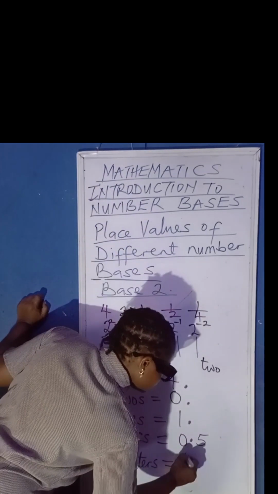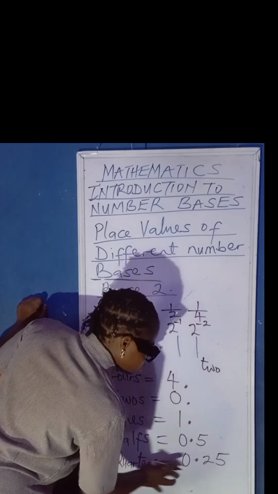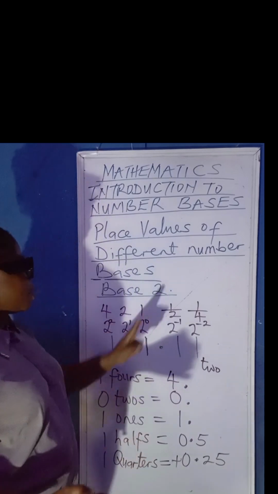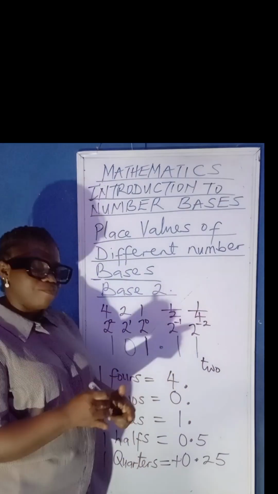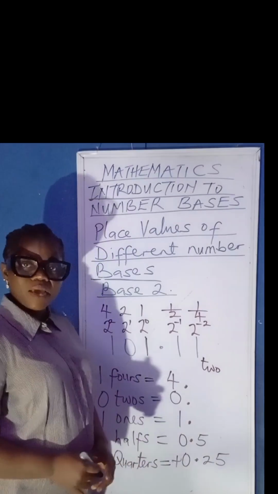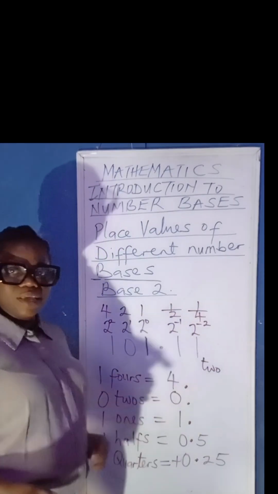So I have 0.25. I want to add it up to get the value of this number, 101.11 base 2. I want to get the value now in base 10, the equivalence of this number in base 10.